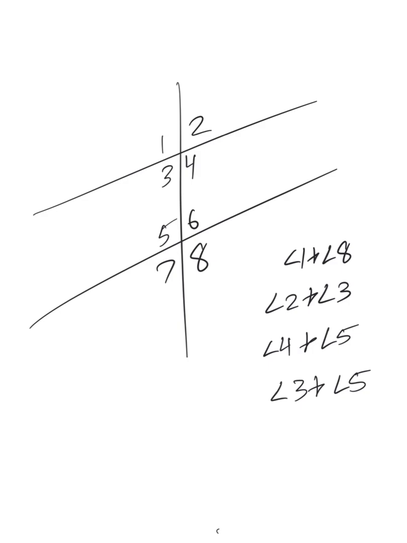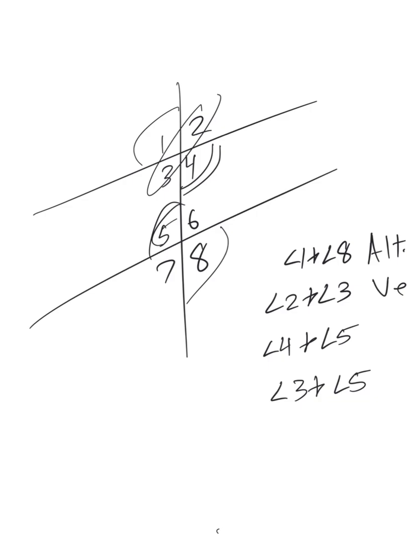Okay, what's angle 1 and angle 8? Alternate exterior angles. Not sure why this is sitting here like this. Alternate exterior angles. Angle 2 and angle 3, somebody else? Vertical angles. Once you've answered, don't answer. Angle 4 and angle 5.